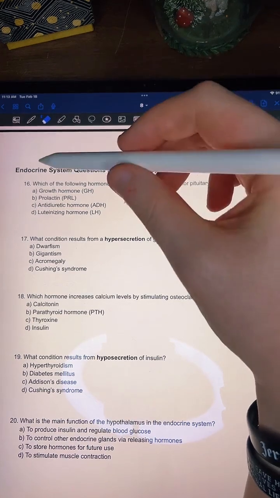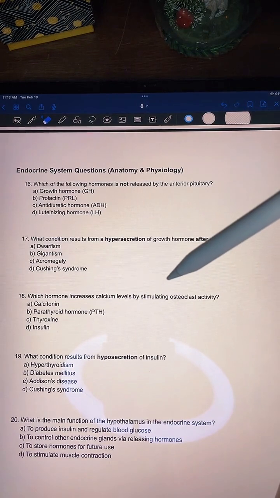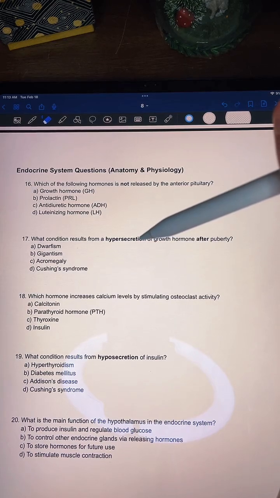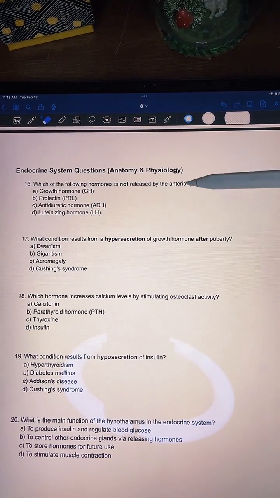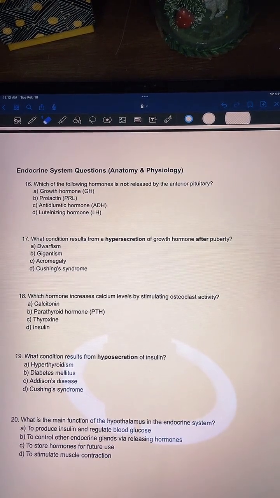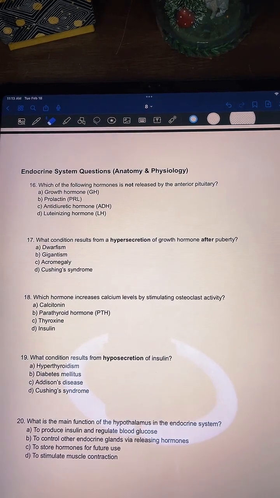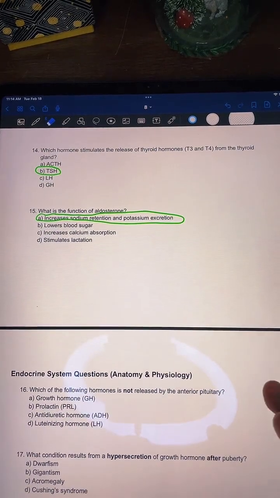We'll move on to 16 now. Which of the following hormones is not released by the anterior pituitary?